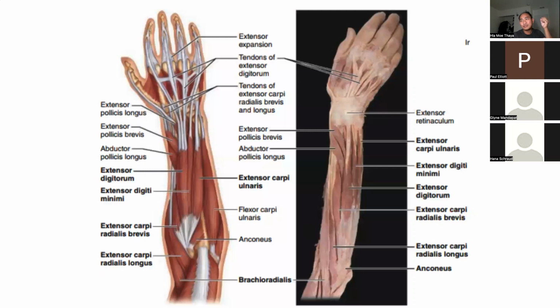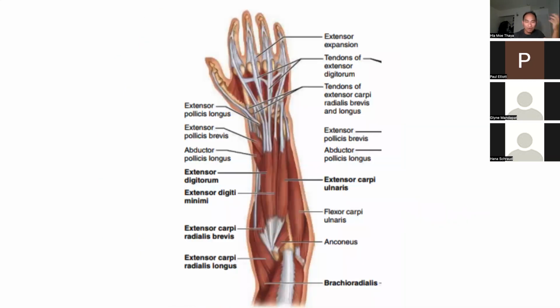When it comes to the muscles of the forearm, just a reminder, I want you to split into two: extensor compartment and flexor compartment. Extensor compartment means doing this job on this surface, the dorsum surface, and flexor compartment means this surface, flexing the wrist like that.